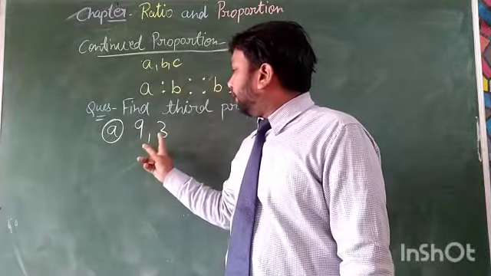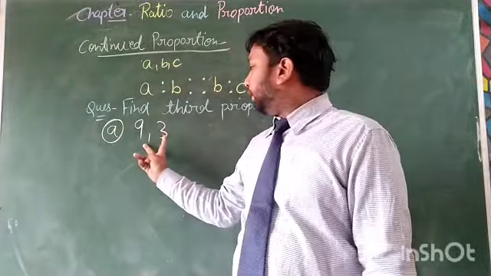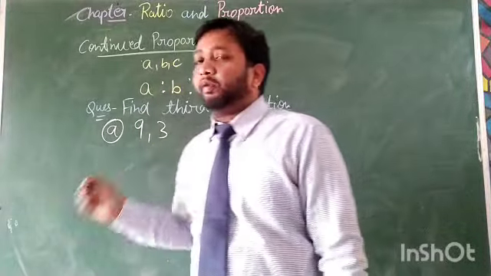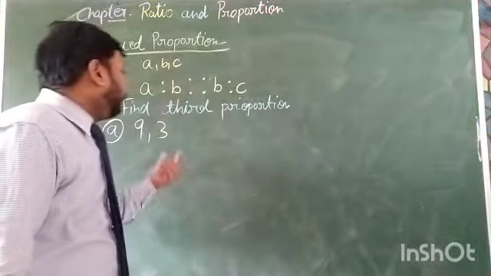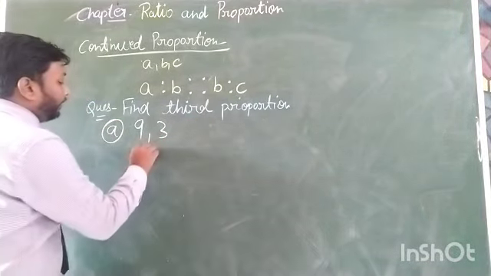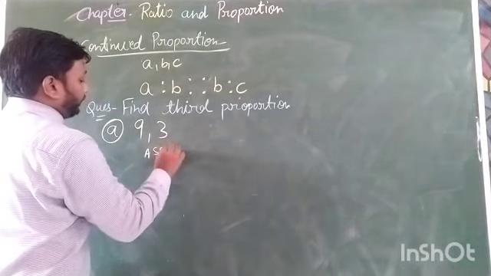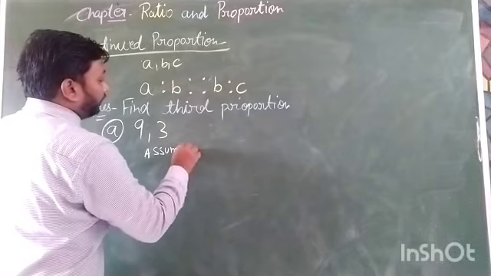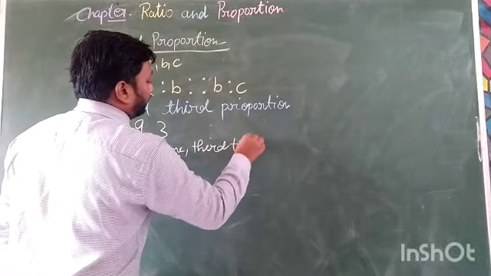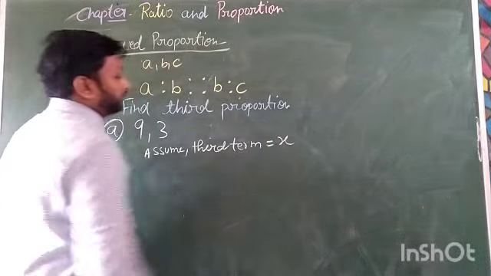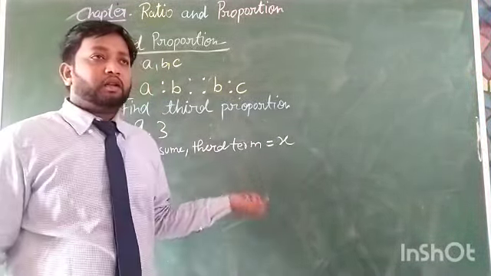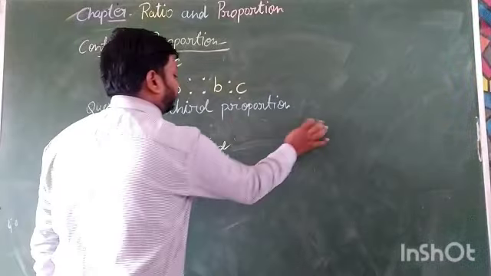So if two terms are given, the third term will be in continued proportion with them. To find the third proportion, we assume the third term is x.